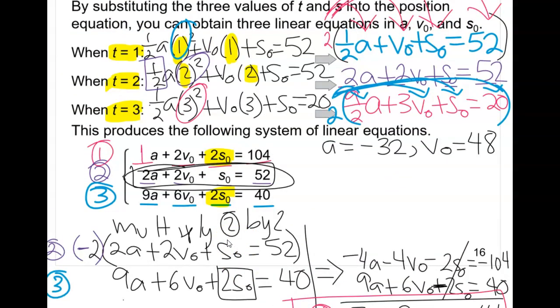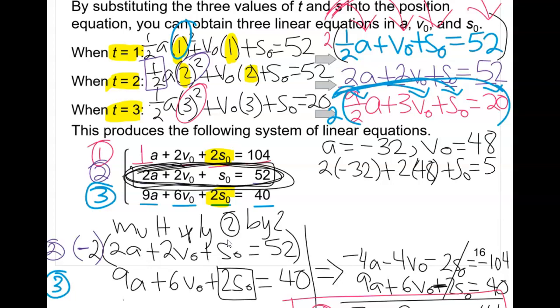And then again, we're going to use equation number 2. So this will be 2 times negative 32 for A, plus 2 times V sub 0, which is 48, and then plus S sub 0, and that will equal 52. So here we have negative 64 plus 96 plus S sub 0 equals 52.